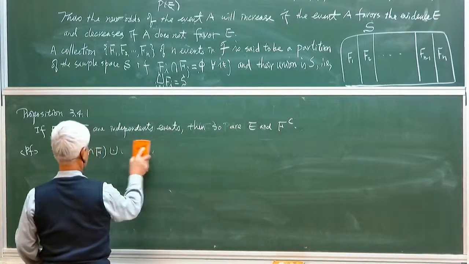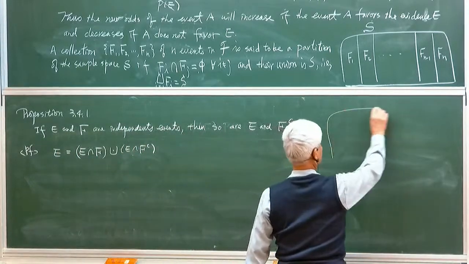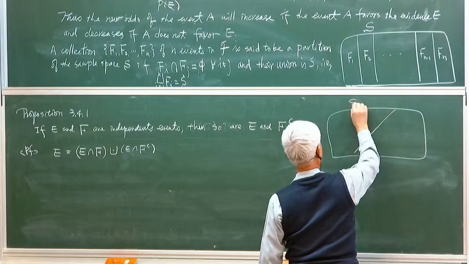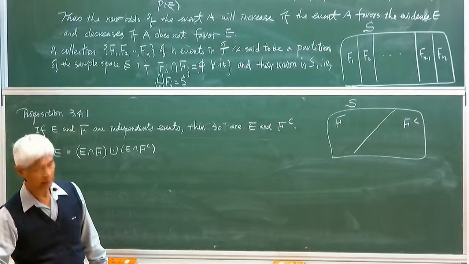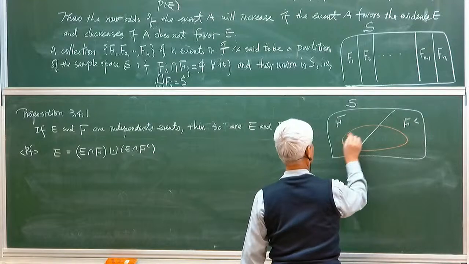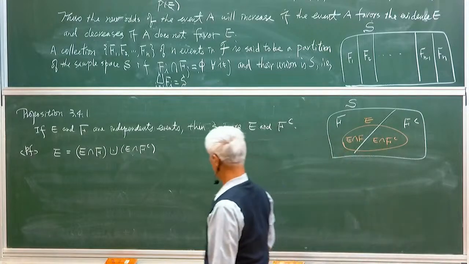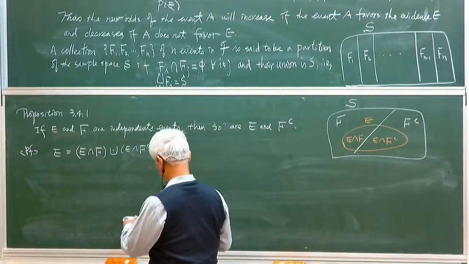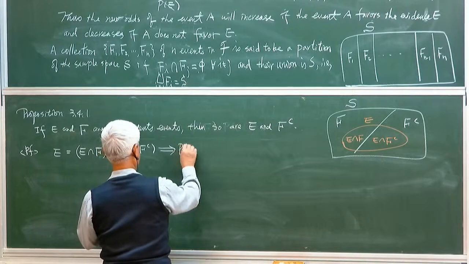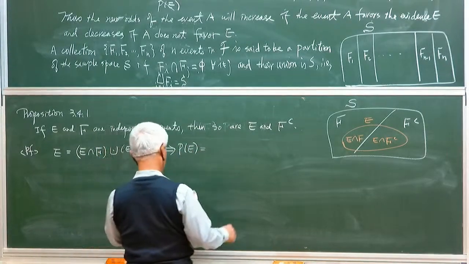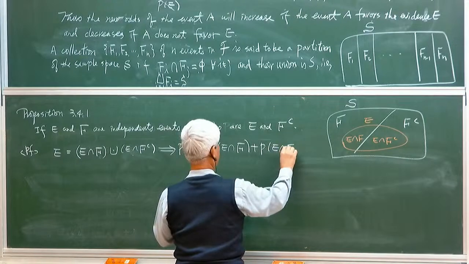Right, so we have this, and now by finite additivity, we know the probability of E is equal to the probability of E intersect F plus the probability of E intersect F complement.